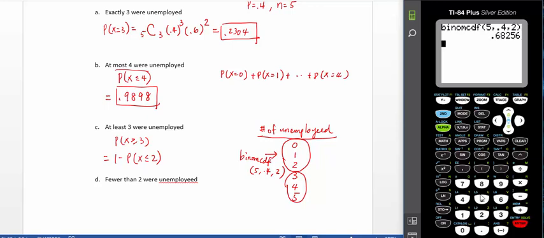And that's the cumulative probability from 0 to 2. So I'm going to take 1 minus 0.68256, and that would give me the answer. Okay, so the answer would be 0.3174.